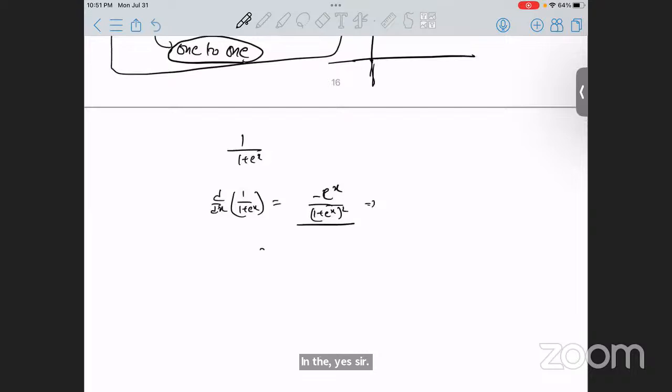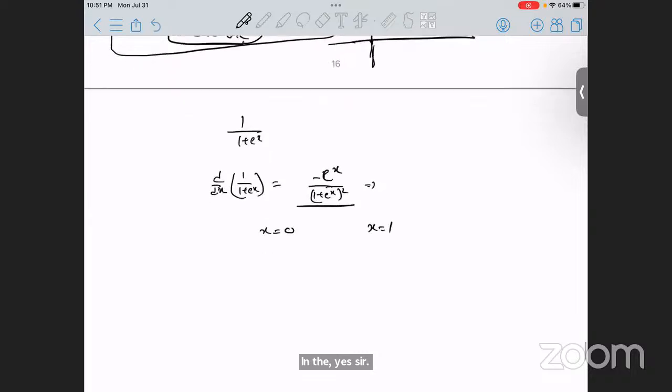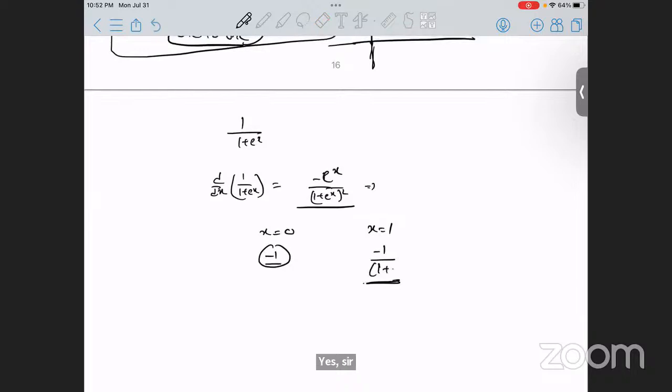Now listen carefully. Substitute x equal to 0 and x equal to 1. At x equal to 0, it will be minus 1 by 4, that is minus 1 by (1 plus e to the 0) whole square, which is minus 1 by 4. Agree?